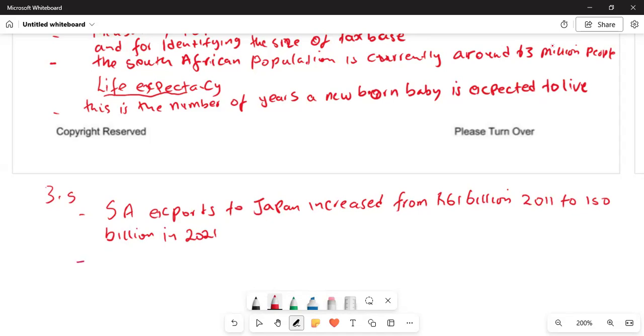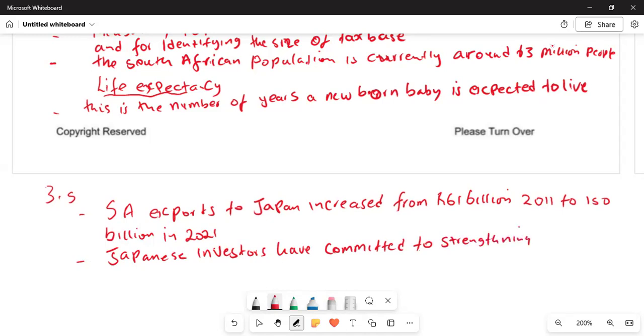Another point is that Japanese investors have committed to strengthening ties and economic opportunities, including for small and medium businesses.